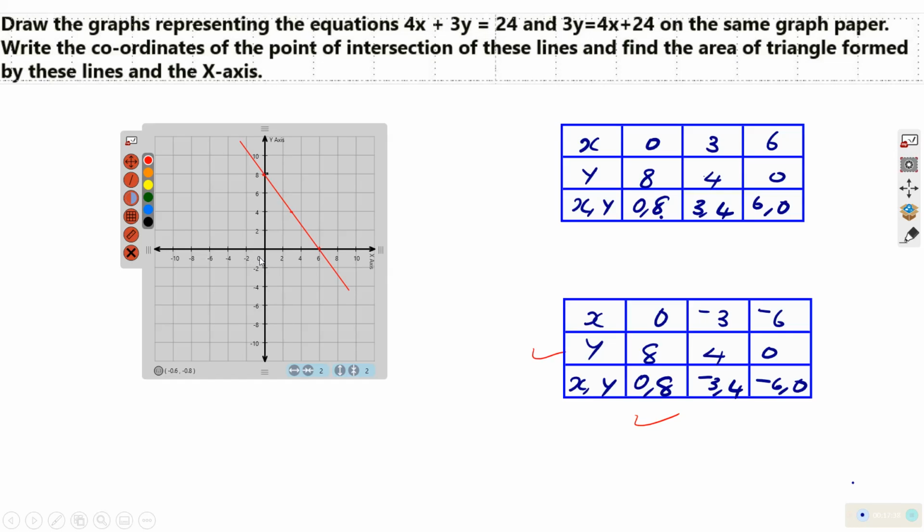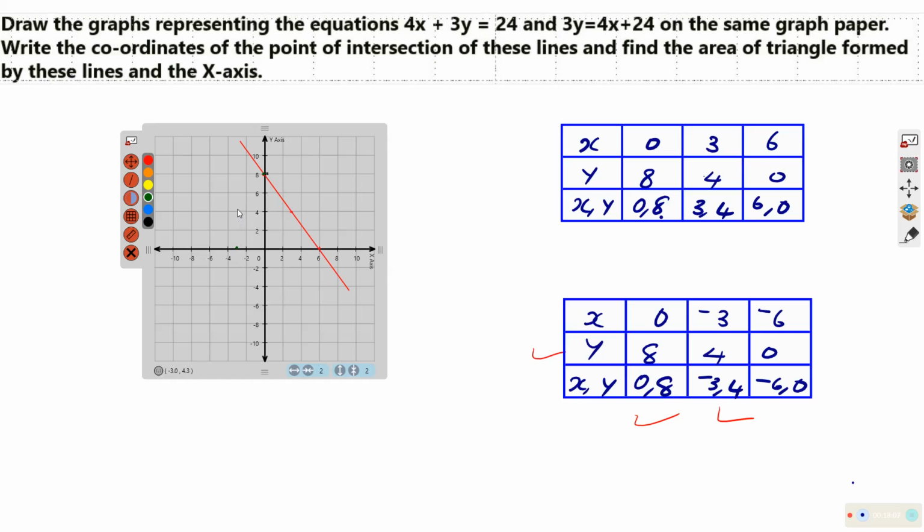Let us plot the second set of data on the graph. The second set of data is given for x and y as 0 and 8: 0 on x and 8 on the y-axis. It is the same point marked earlier. Then the second one is minus 3 and 4. So this is a point. I'm going a little fast now. Minus 3 and 4. Then next one is minus 6 and 0.